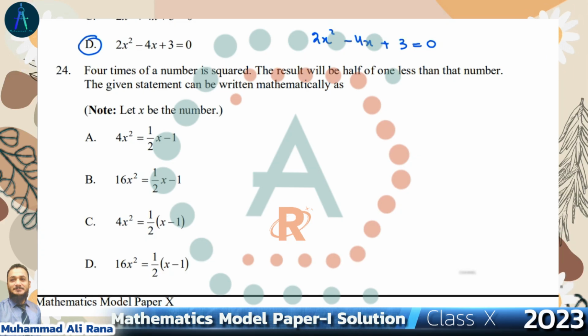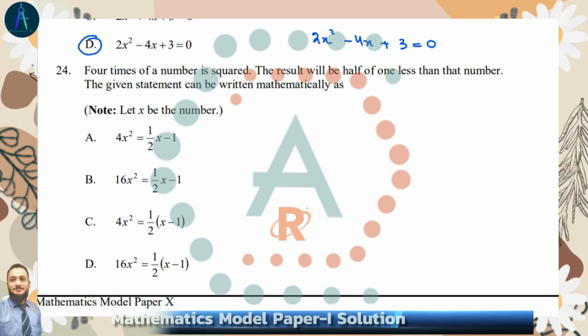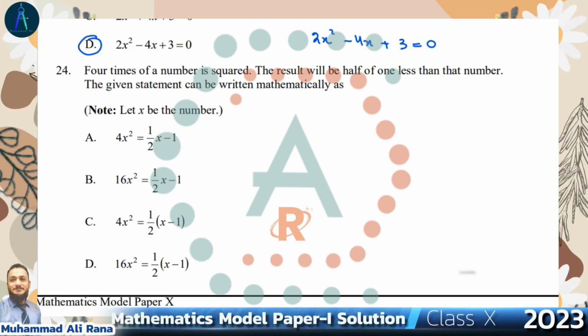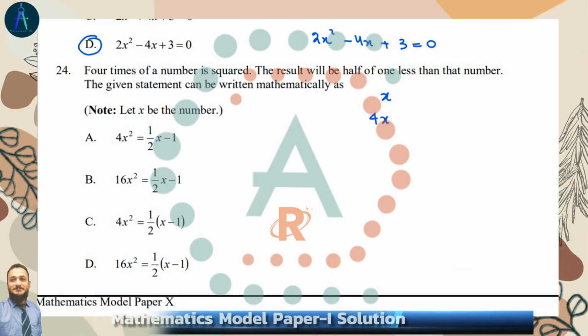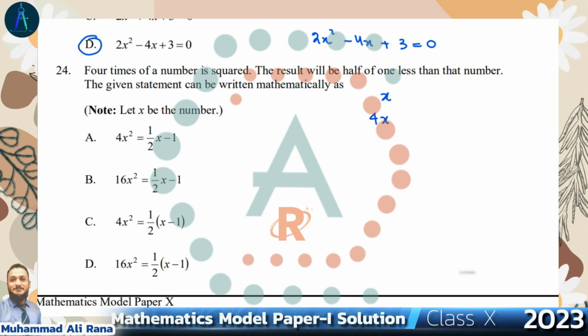Then we have question number 24. 4 times a number is squared. So let the number be x. 4 times a number will be 4x. And 4 times the number squared will be 4x squared.